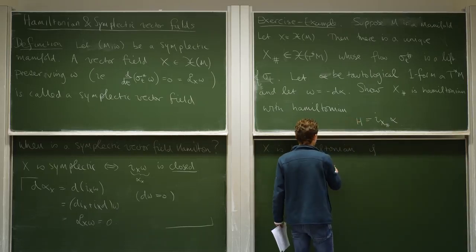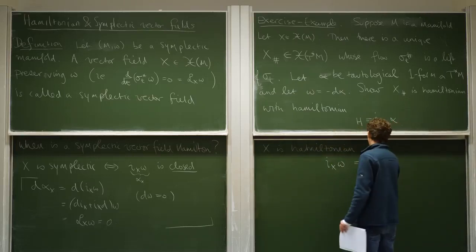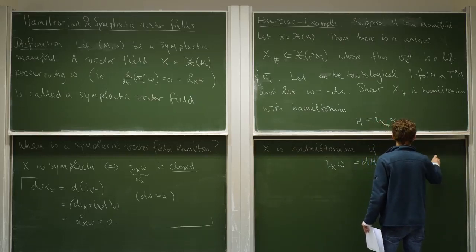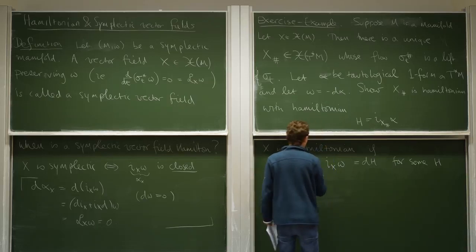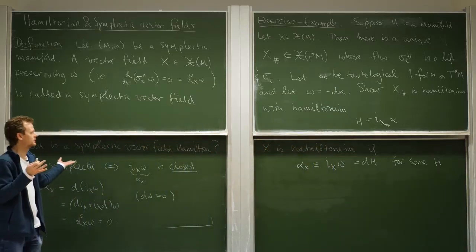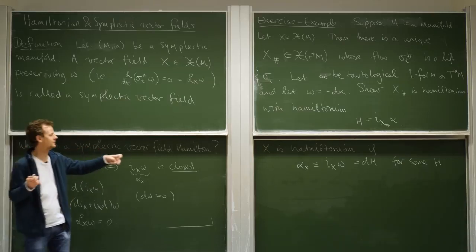So x is Hamiltonian if when you take the internal product of x with respect to omega, it's d of h for some h. But here we see the crucial difference between a symplectic vector field and a Hamilton vector field.